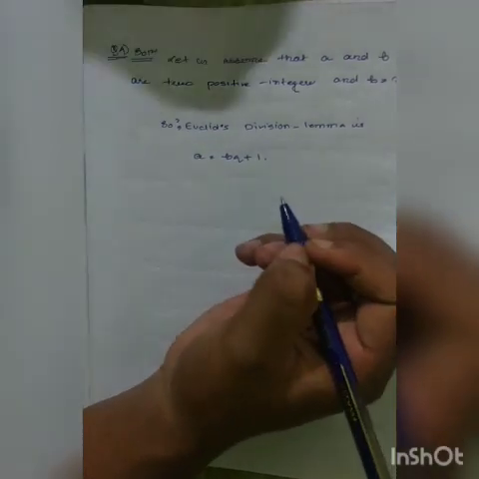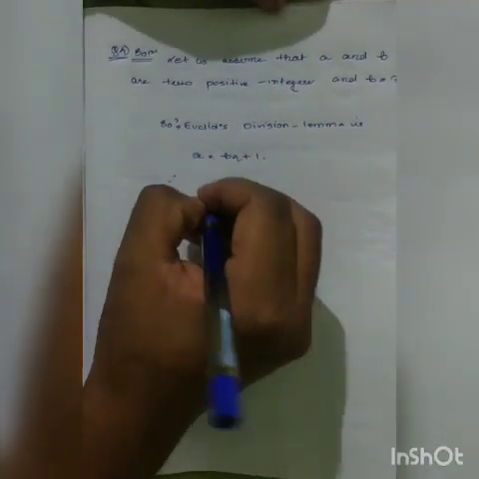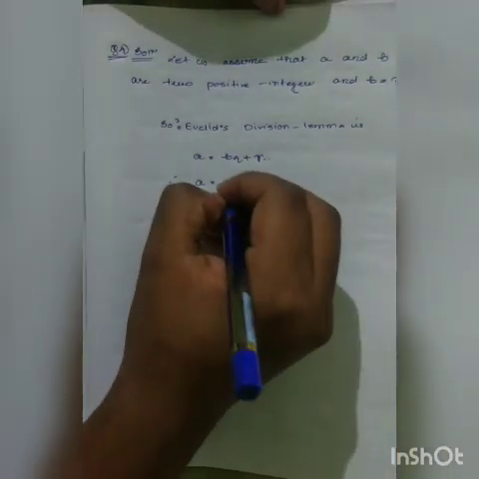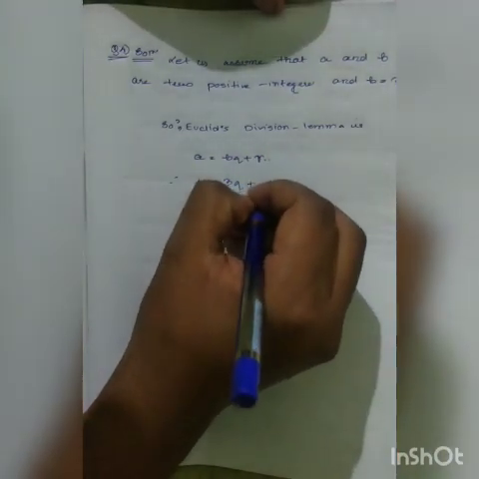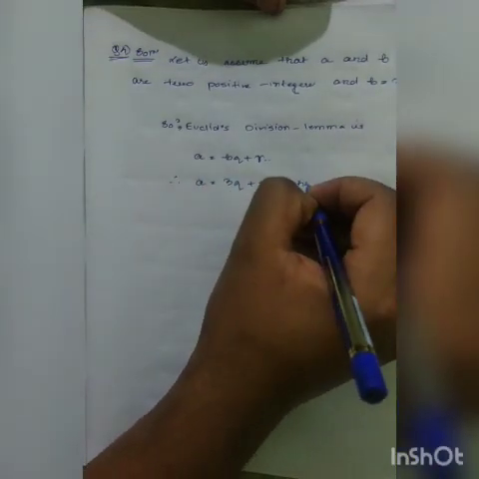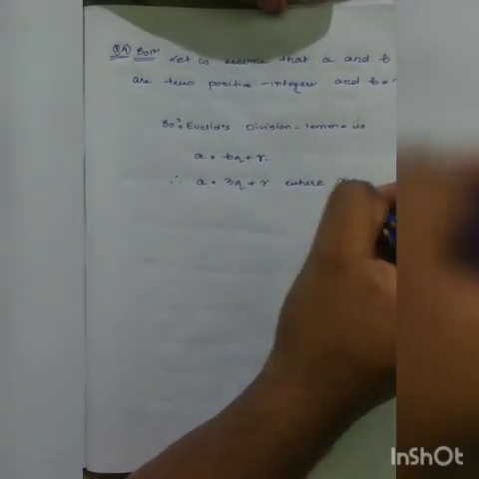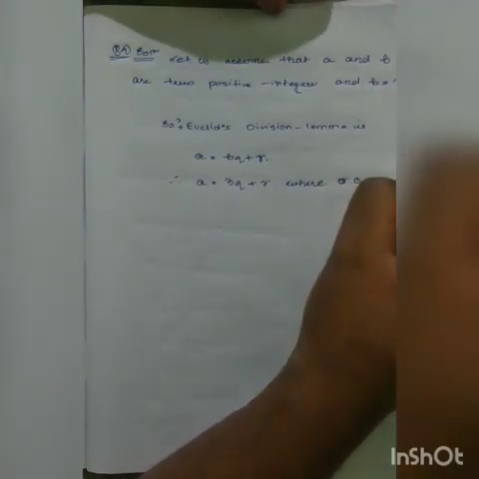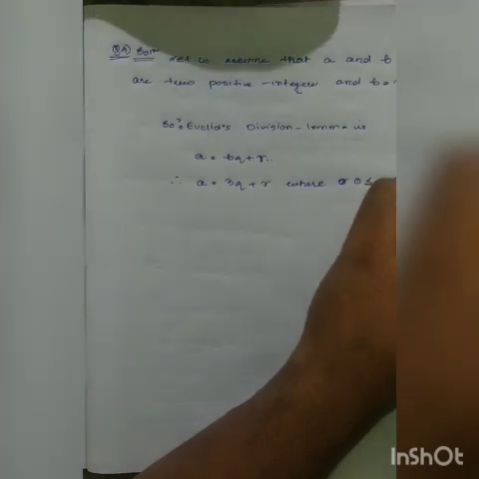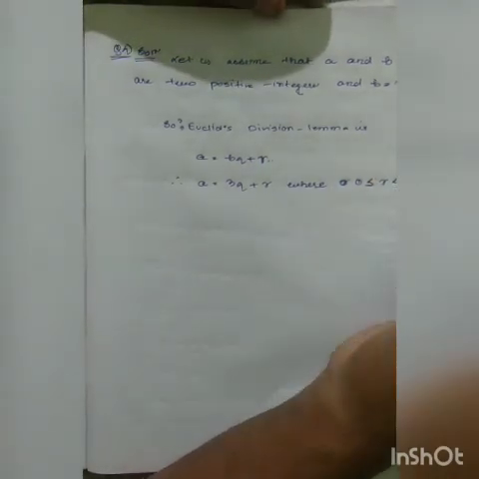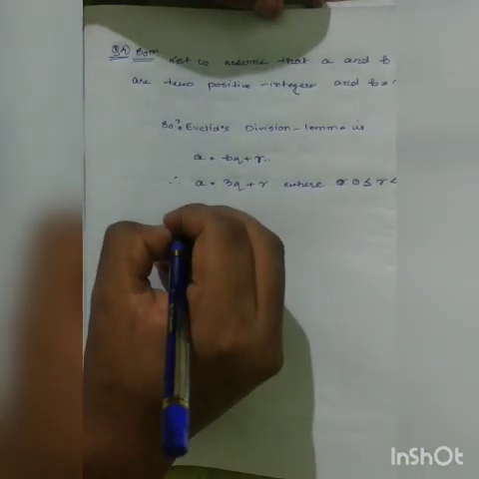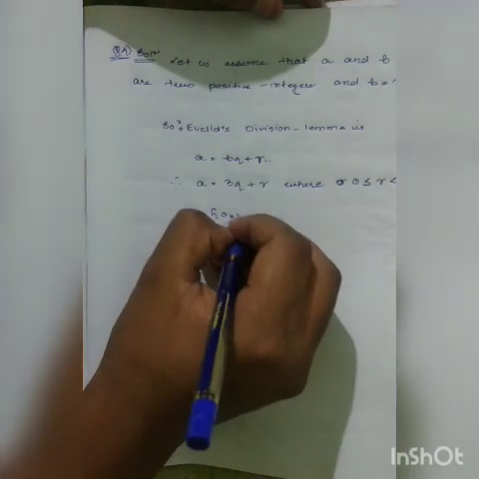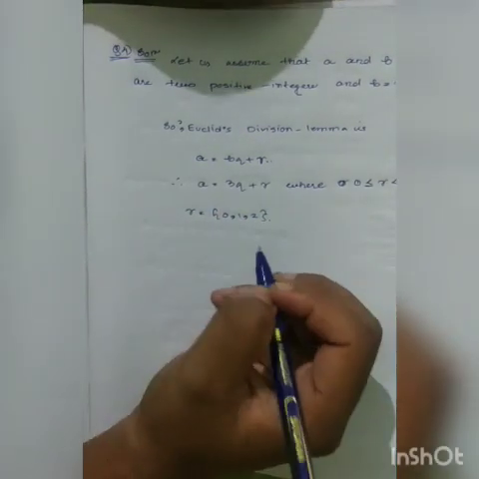So here b is equal to 3, so we can write a is equal to 3q plus r, where r is greater or equal to 0 and less than b. So here b is 3, so the value of r should be 0, 1 or 2.